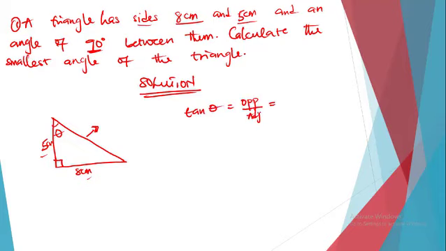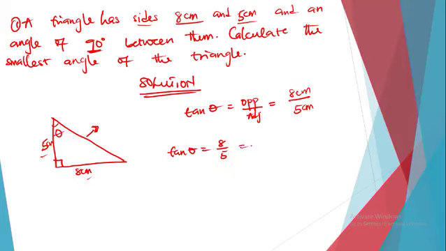The opposite is the line facing the given theta, which is 8 cm, and our adjacent is 5 cm. So tan theta is equal to 8 over 5.